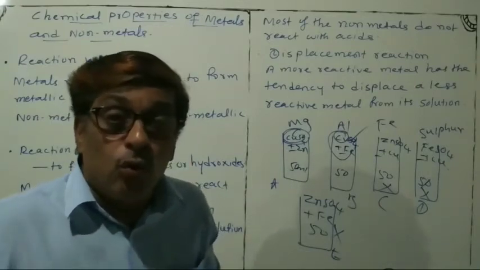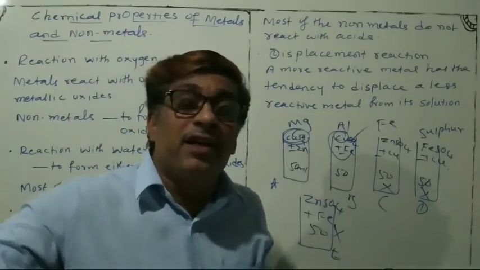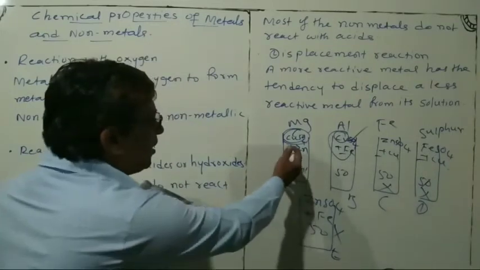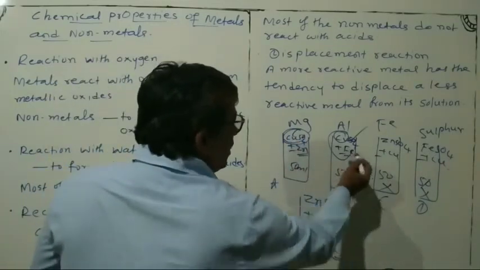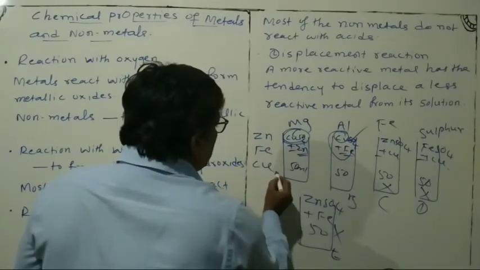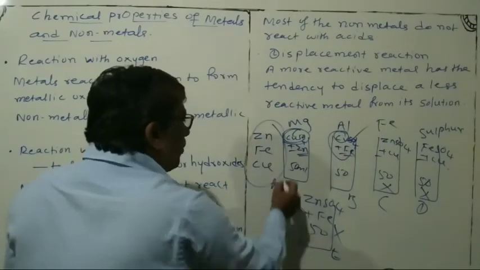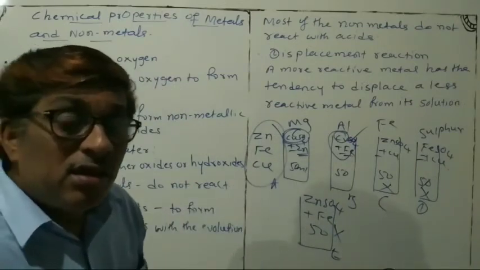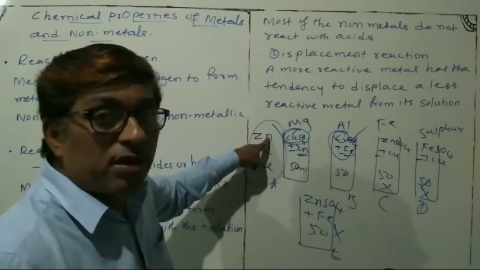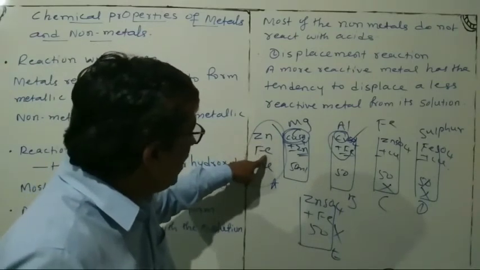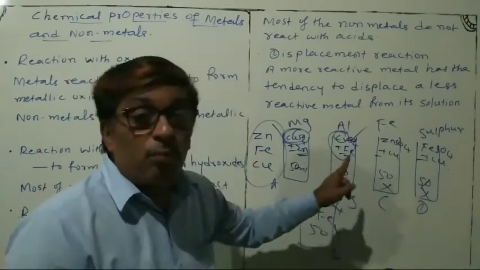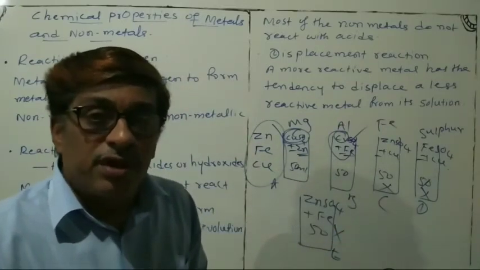Who is stronger can displace the weaker one. Among zinc, iron and copper, zinc is the strongest, next is iron, then copper. That is why we see this type of observation.